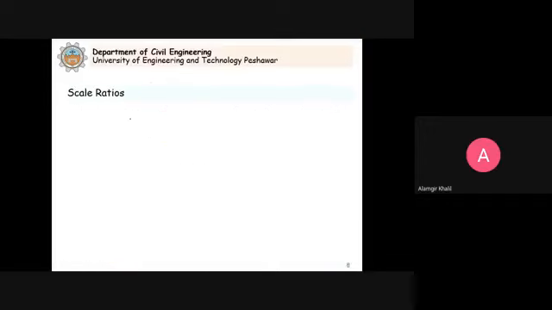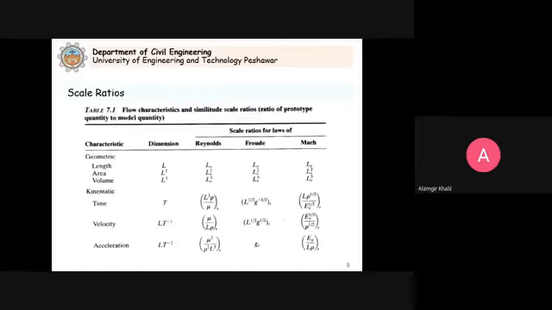Now we discuss the scale ratios. As I said, this is very important when we solve the problems. These scale ratios are actually given in the form of a table for these dimensionless numbers. You can see here we have the characteristic, and if we consider geometry, then you have length, area, and volume.